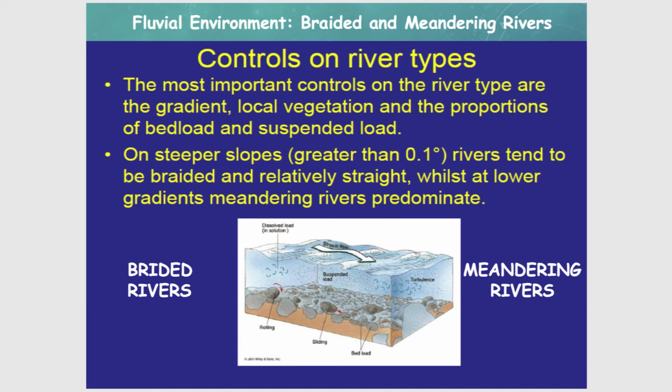These systems are usually relatively straight, and if they get into situations where this slope decreases below that threshold, they can lead to meandering. So we switch essentially to meandering, which we will discuss in the last part of this lecture.